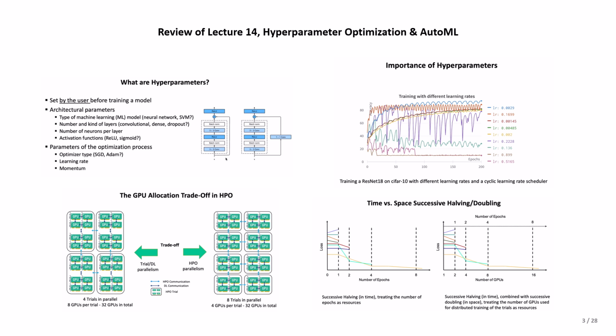As usual, let's have a review on lecture 14, which was hyperparameter optimization and AutoML. There was a presentation about the importance of the hyperparameter, why hyperparameter is important, and how it's improving the performance of the machine learning or deep learning model in connection to the HPC.